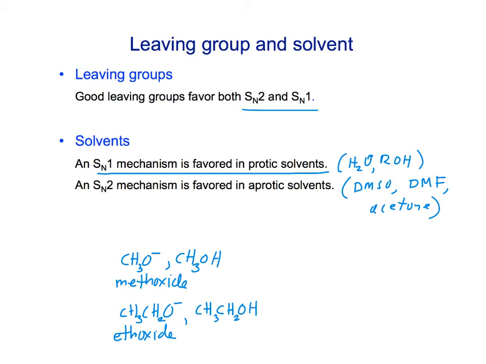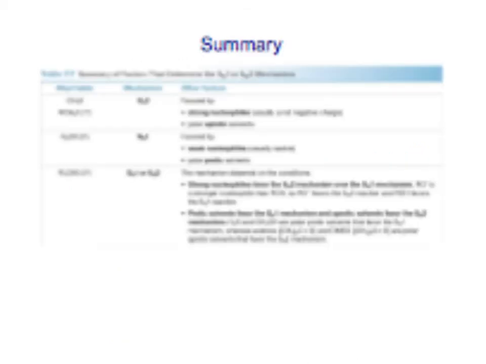But because the nucleophile is strong, these combinations still favor SN2. This slide gives a summary of all of the things that we've just mentioned, and I'll leave it up to you to read through this and make sure you understand these.